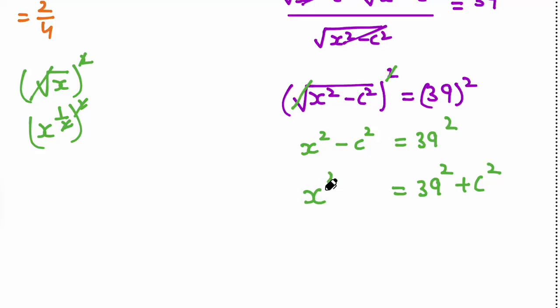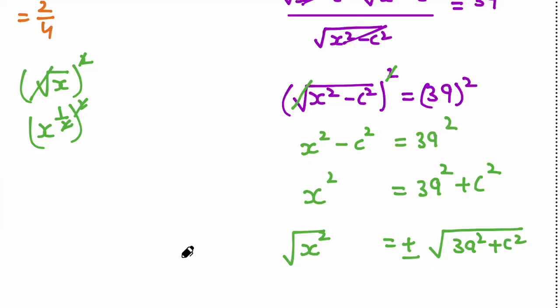Now because I need x and I have a square, let's take the square root of both the sides, okay. But here we have to be very careful that we should not forget one property. Whenever we take a square root, it should have a plus minus sign. Why?